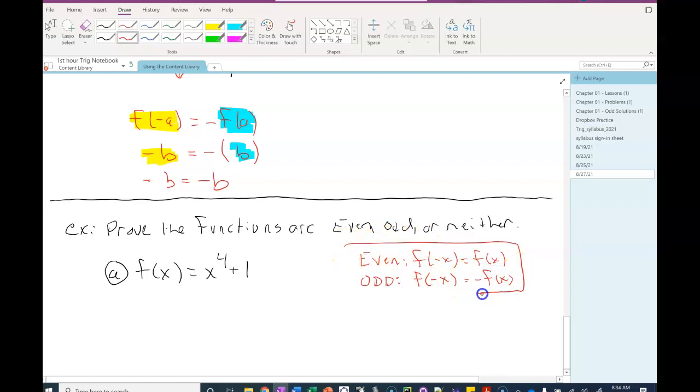So these are the algebraic definitions we're going to be using to do this proof.